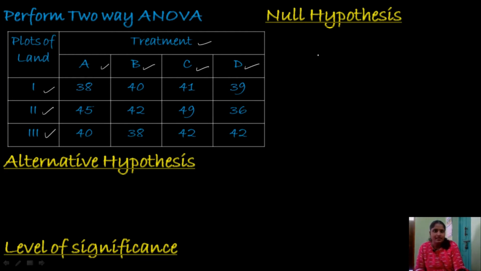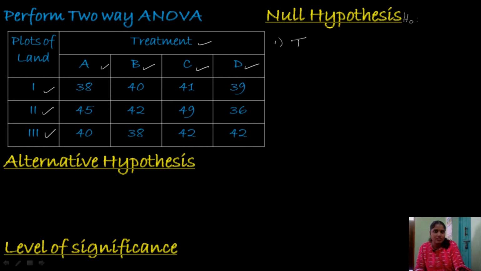So, for that, let us first set up the null hypothesis and alternative hypothesis for this problem. The null hypothesis is generally denoted as H0. Here, we have to set up two null hypotheses, one for column and another one for row. For the first one, I set up the null hypothesis along column wise.